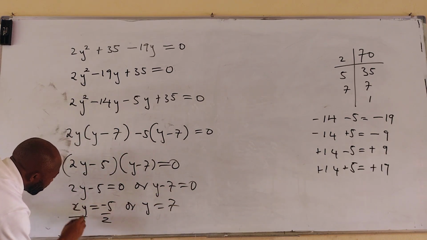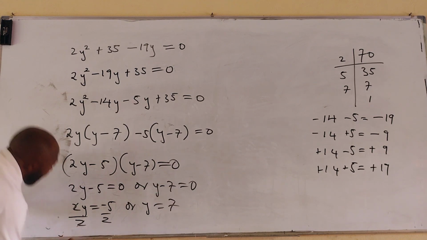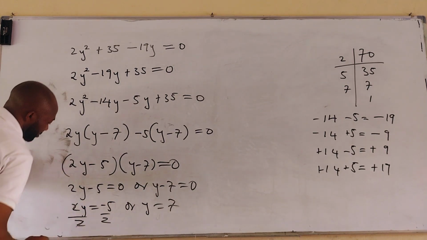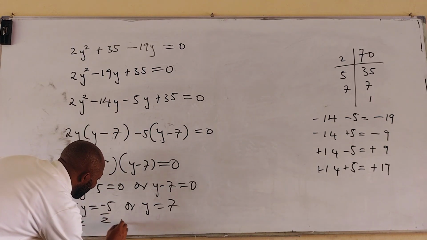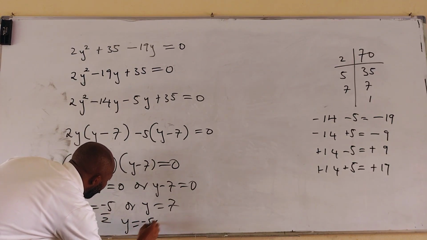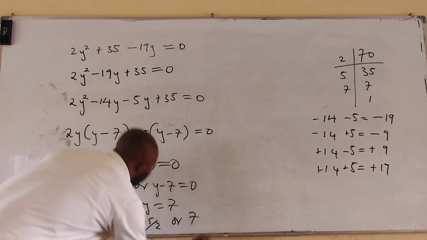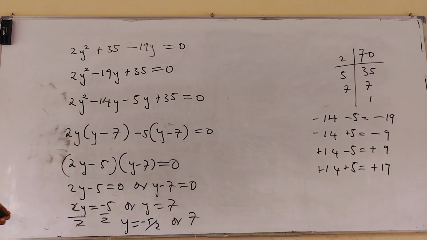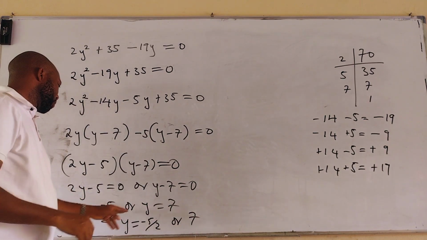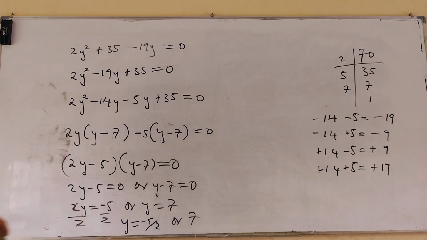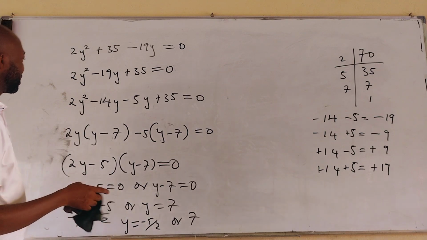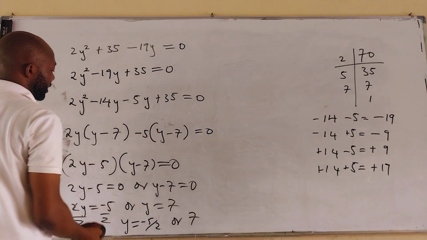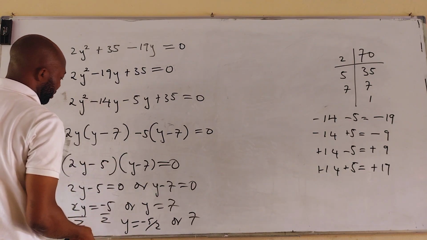So y is equal to minus 5 over 2 or 7. Sorry for compacting it. I didn't time it very well. Alright, that was it. Let's take another question.